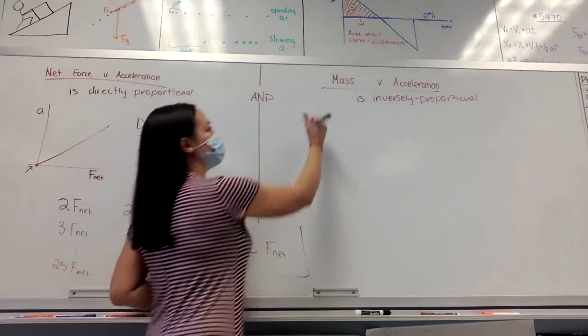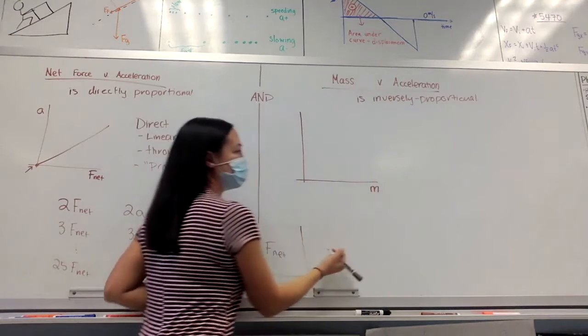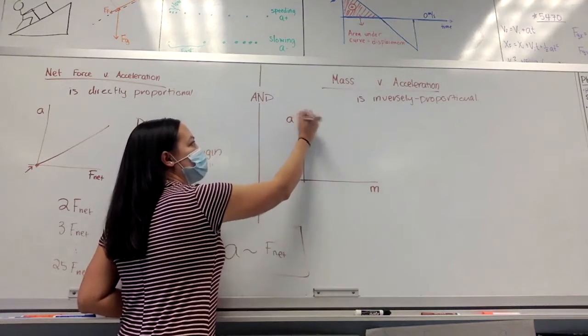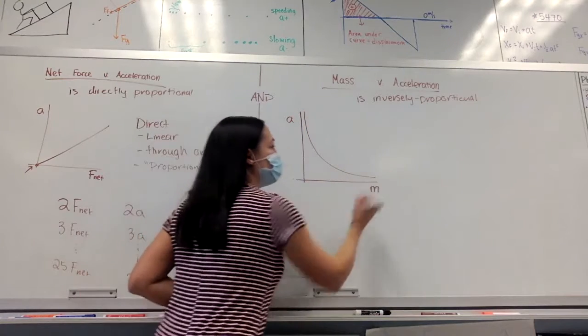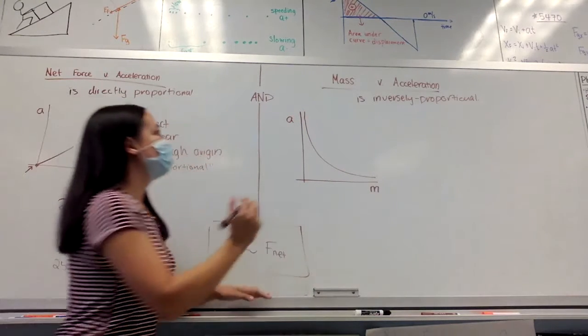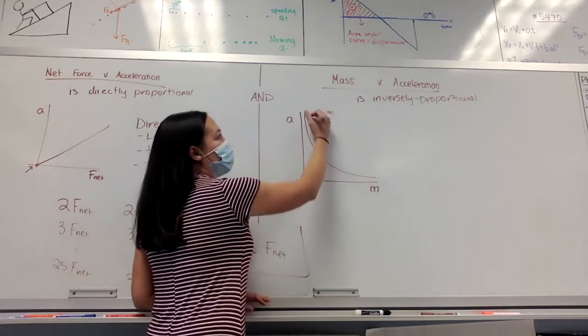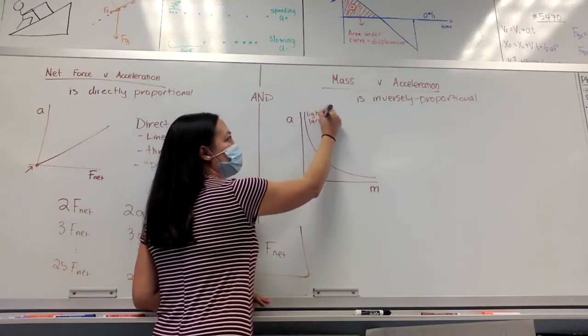That relationship is called an inverse. If mass gets larger, the acceleration gets smaller.